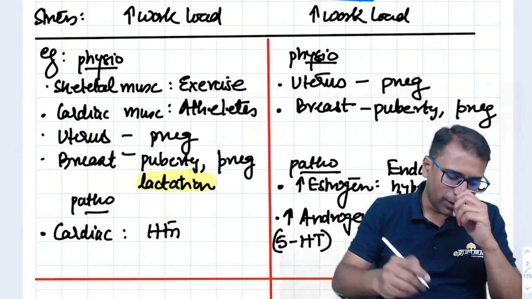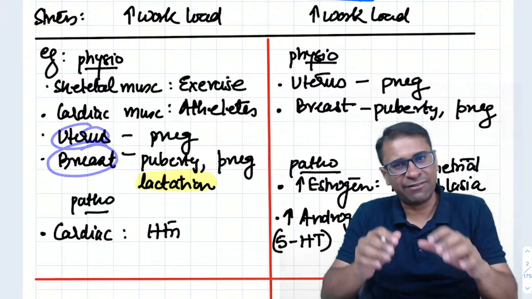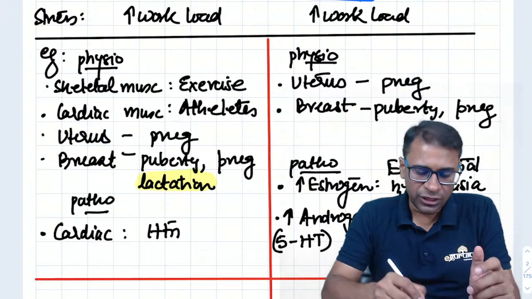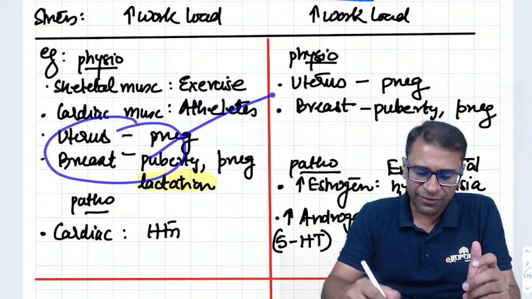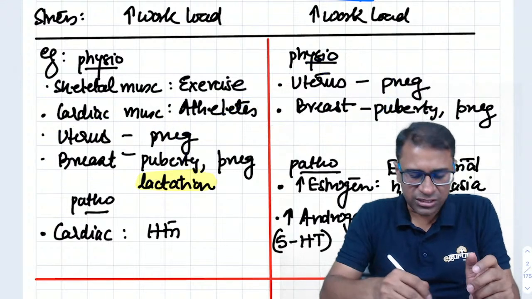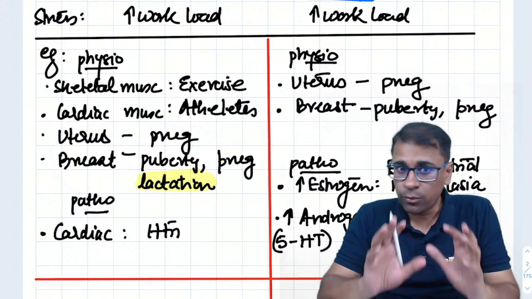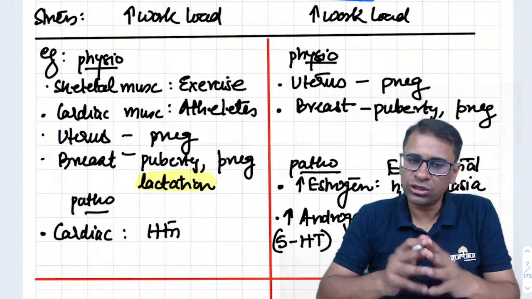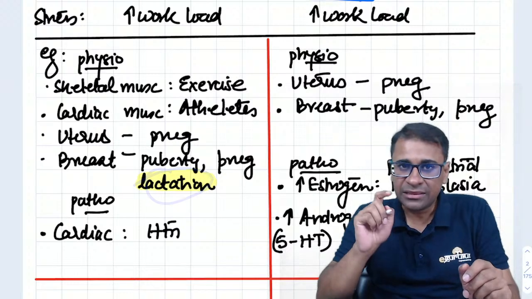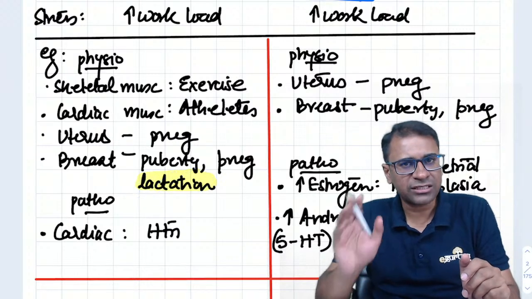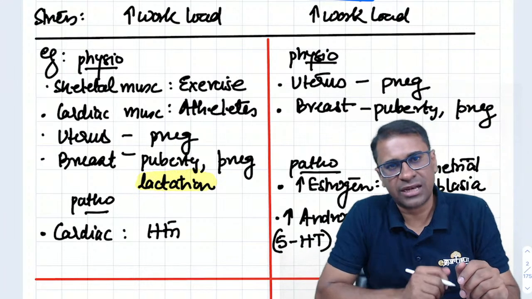However, uterus and breast have limited capacity to divide, so they can partially divide and partially not. So these two examples come in both hypertrophy and hyperplasia. But remember one thing, guys: the moment the question is breast during lactation, answer only hypertrophy, don't answer hyperplasia.